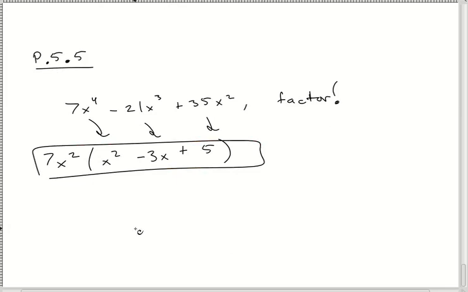It's just remembering the steps and what's expected. I have a note in my notes that you could redistribute this and FOIL it all out, and you would get back to the original problem. That's a way to double check.